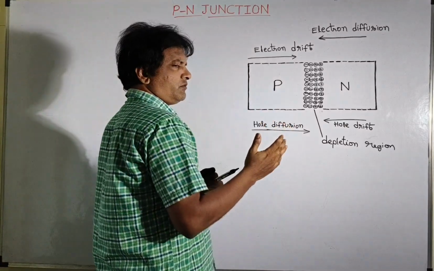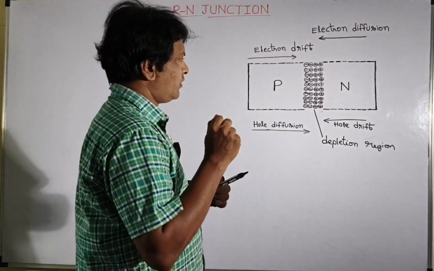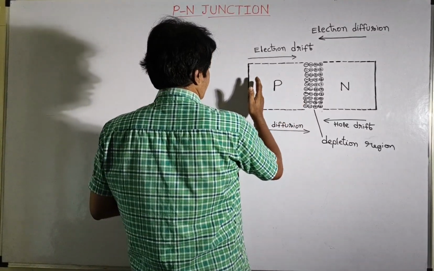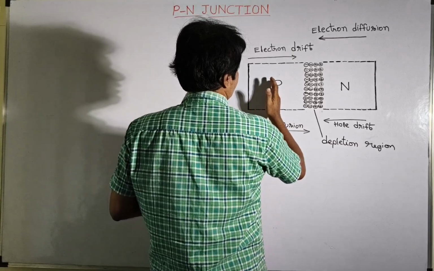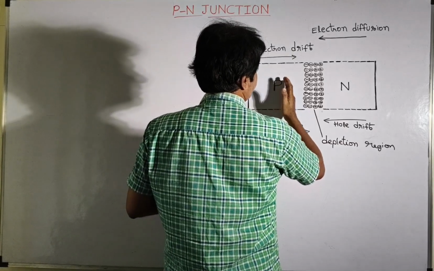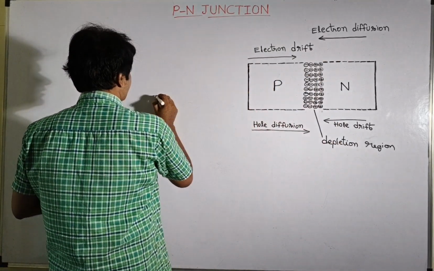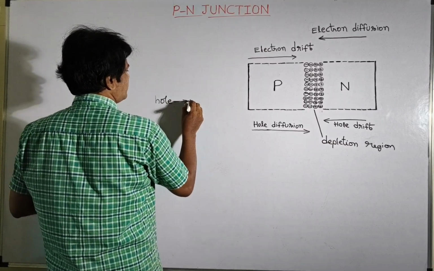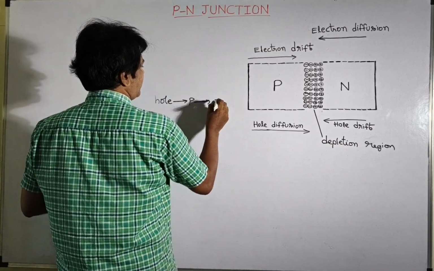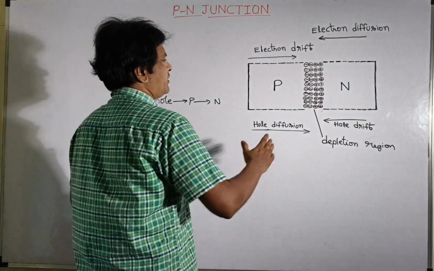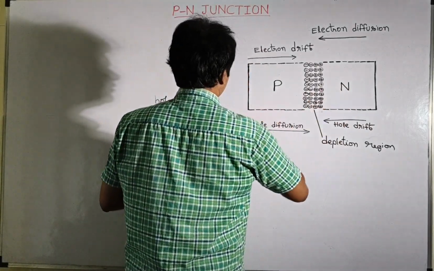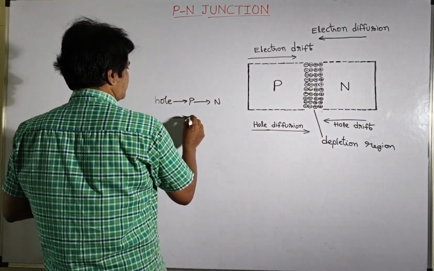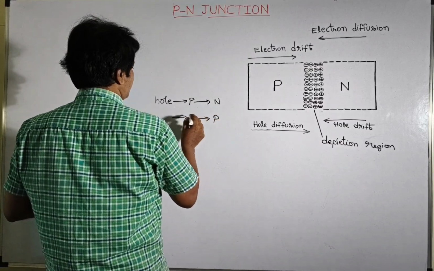What is diffusion? From high to low concentration. As per the diffusion process, holes will move from P to N, and in the same process electrons will move from N to P.